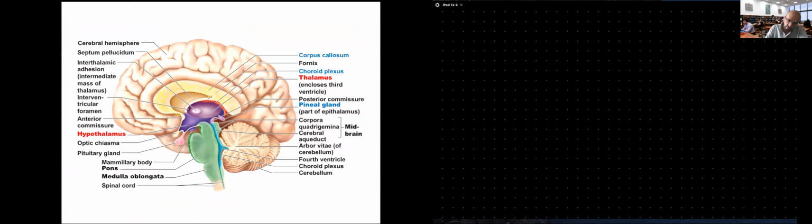So let me first clarify what is the difference between the gray matter and the white matter.